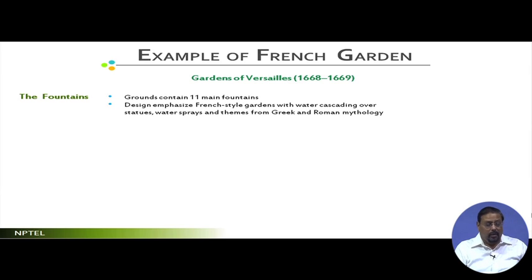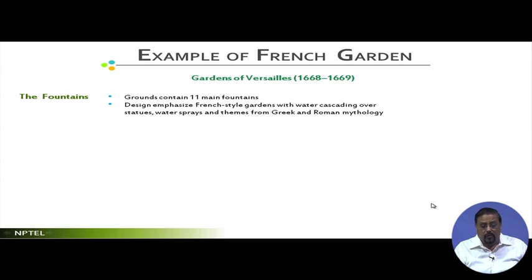Now, let me highlight a little more on fountains. I will be narrating this, but also keeping it for a while, so that you can also see it yourself. The entire Versailles had about 11 main fountains, and those fountains were placed at different places in certain sequences that gained its identity.